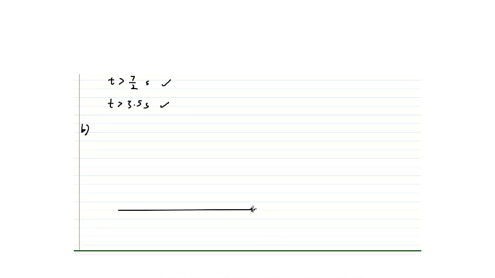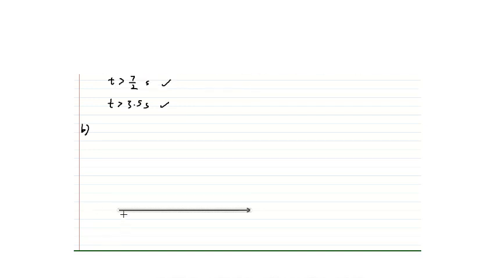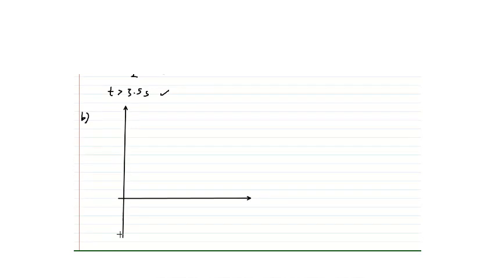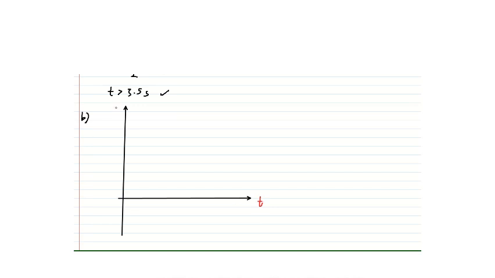This is the time axis, and then the velocity axis. The x-axis will be time, and the y-axis will be the velocity.